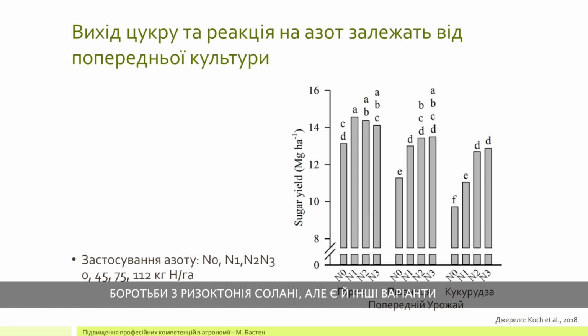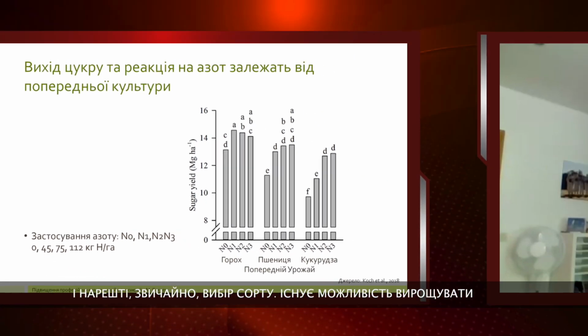But there are also other options to combat root rot. And in the next couple of minutes, I will talk about the effect of an intercrop and also about the effect of fungicides on root rot. And finally, of course, the choice of the variety.